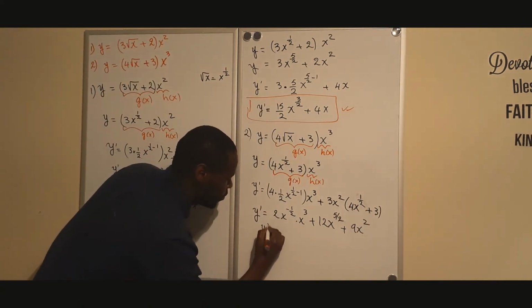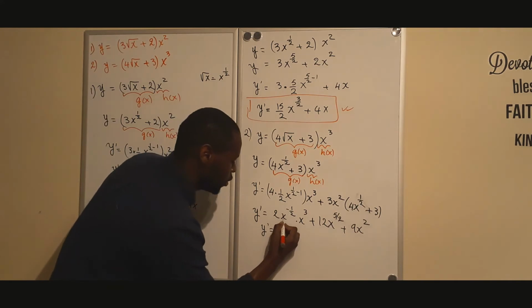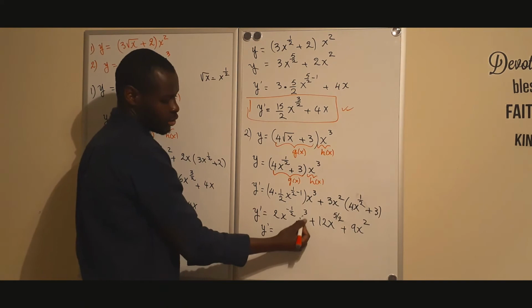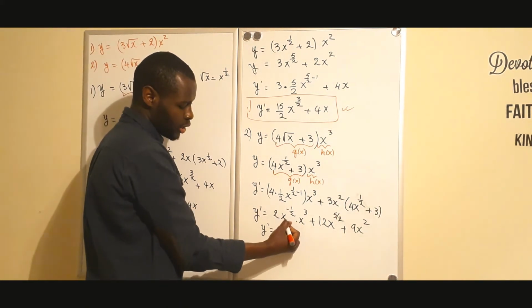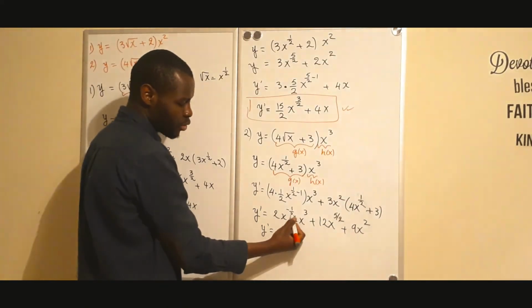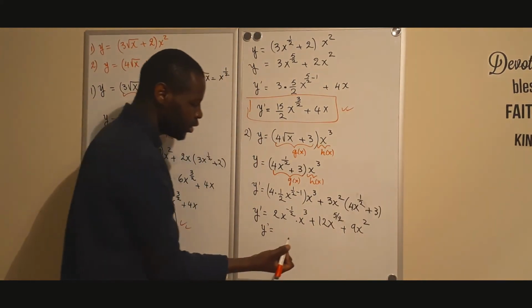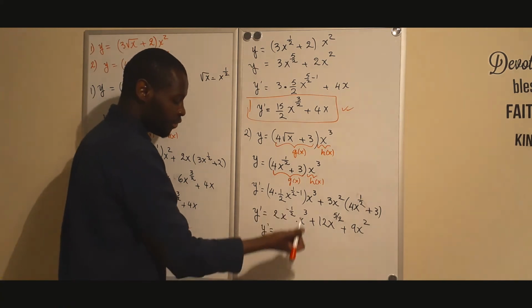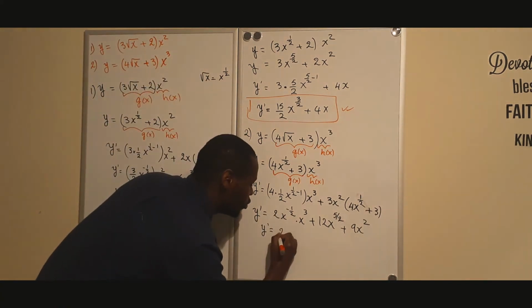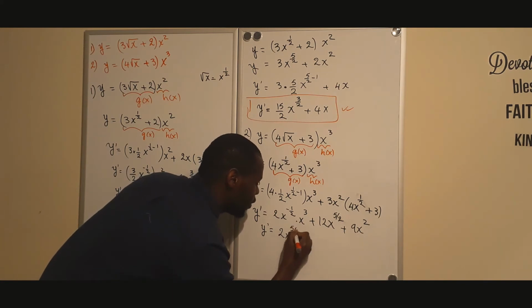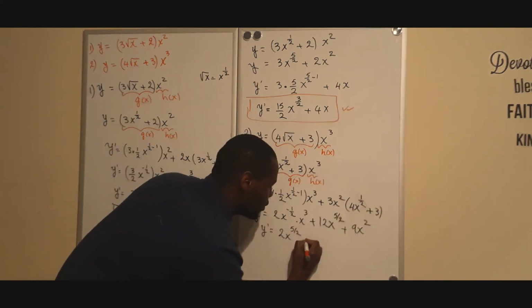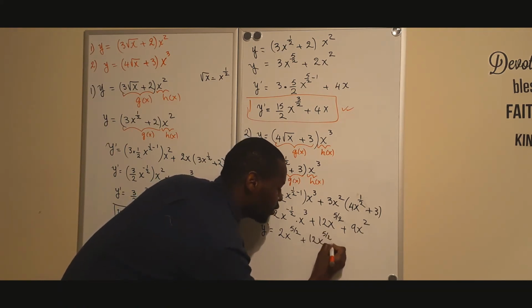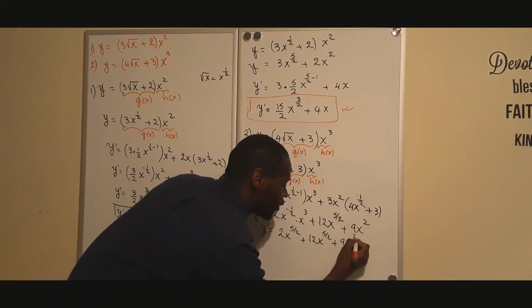So y prime equals minus 1/2 x to the minus 1/2 times x cubed. Same base, we add the powers. So 3 minus 1/2 will be 5 halves, right? So 2x to the 5 halves plus 12x to the 5 halves plus 9x squared.